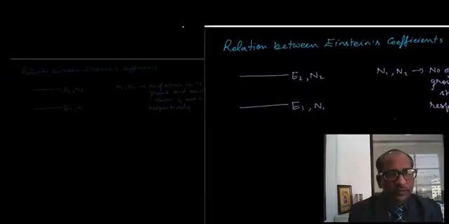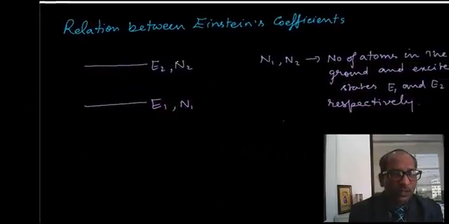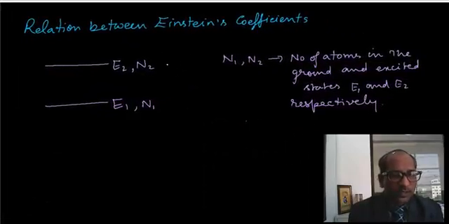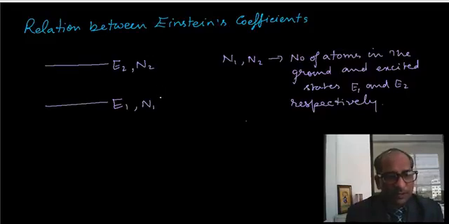So, for the relation between the Einstein coefficients, what is our assumption? My assumption is that there are two states, E1 and E2. These are two different states, corresponding to the ground state and excited state. The number of atoms here are considered N1 and N2 respectively.